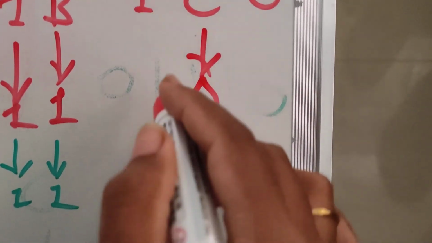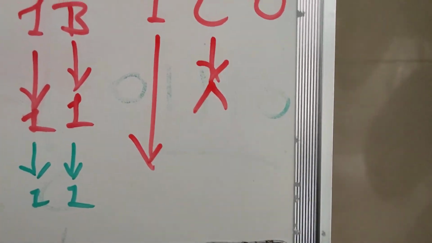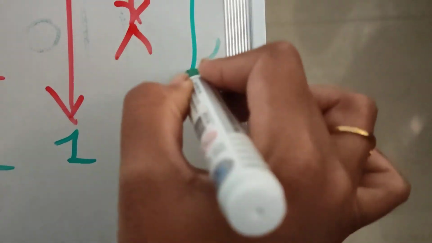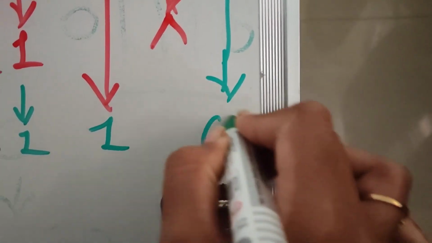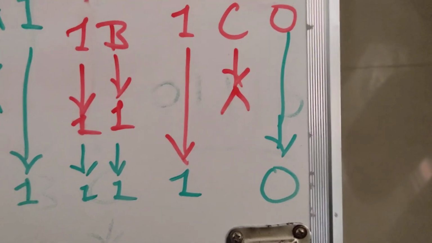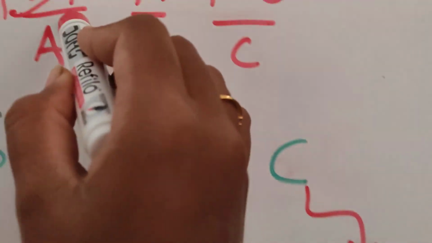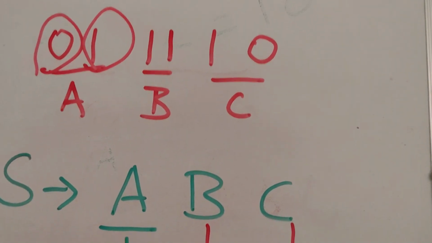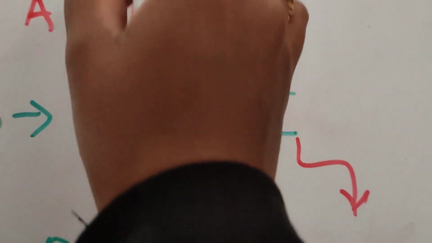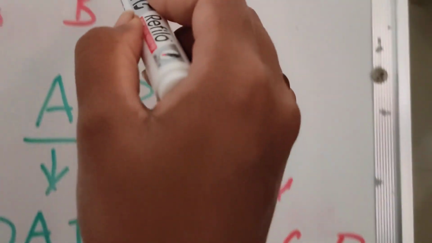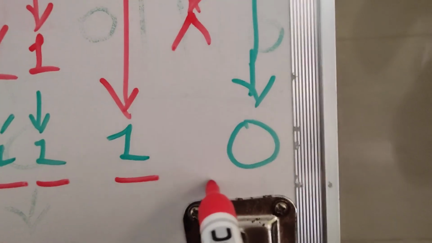Null means nothing. So ultimately at the end I will get 1 null 0, that means 1 0. So the string which I got is 0, then 1, next 1, next 1, now 1, then 0.